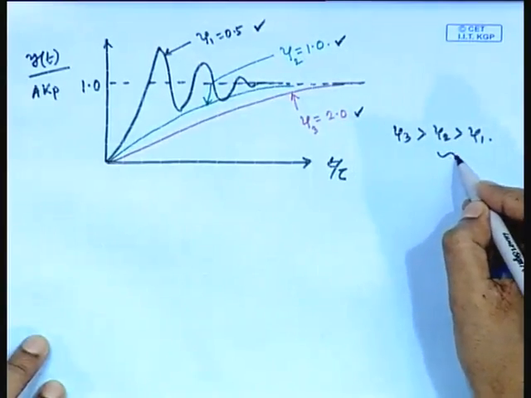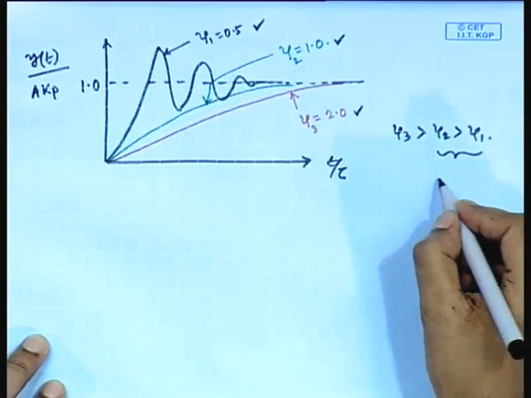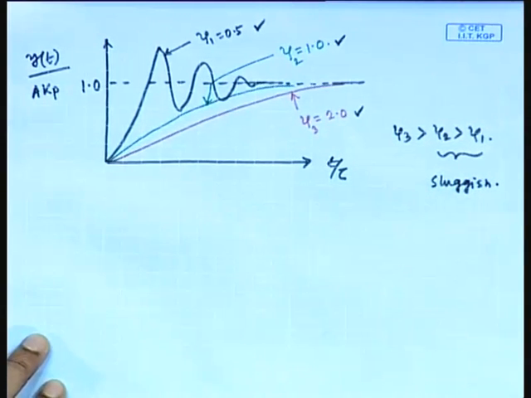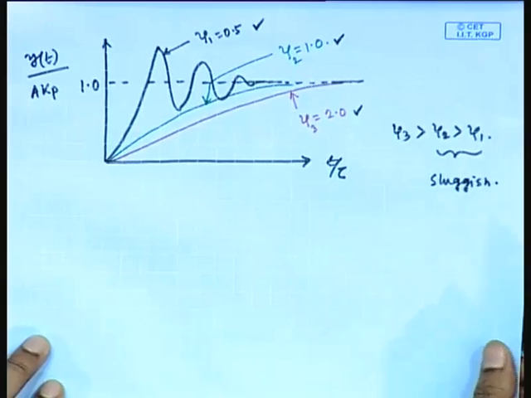Usually these two cases, zeta 2 and zeta 3, are characterized as sluggish. If you reduce the value of zeta 1 below 0.5, you will get more oscillation. So, these are the responses of Y in 3 different cases.